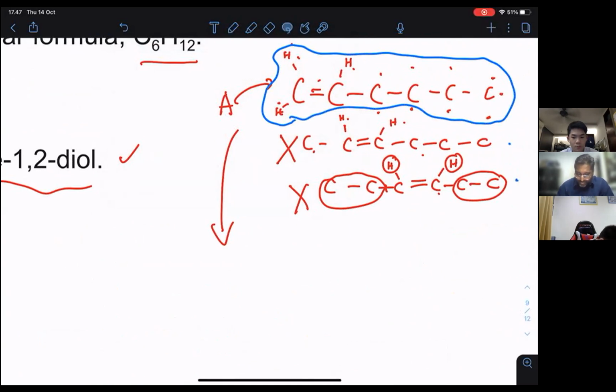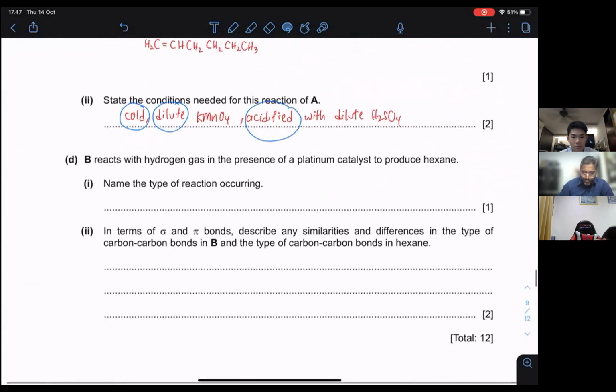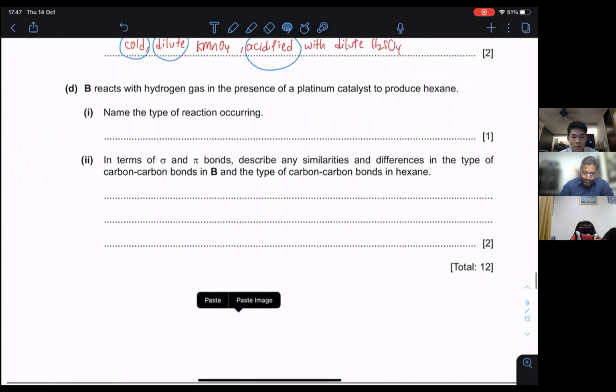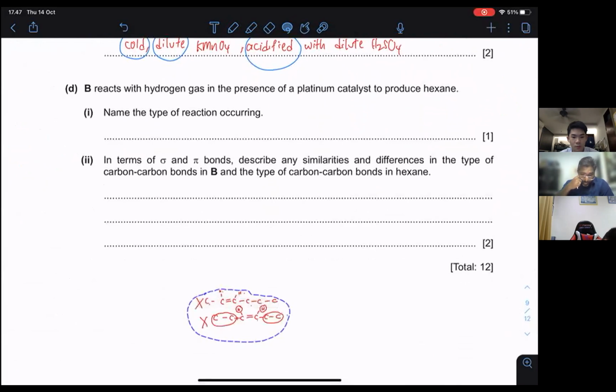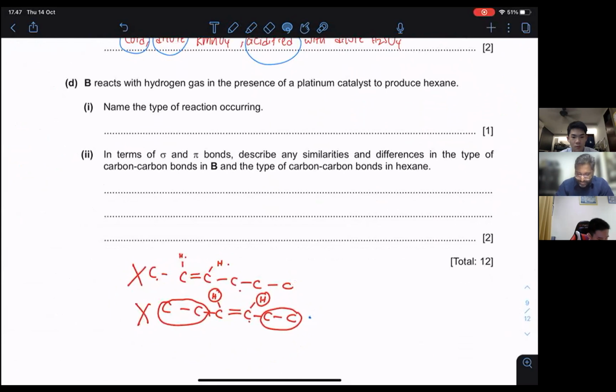So maybe I'll select and bring it over. I'll copy and put it here. They don't want you to draw anything.